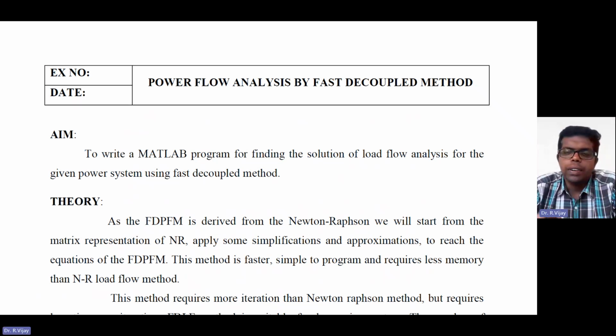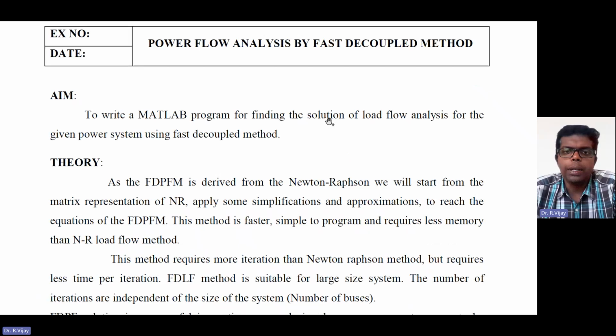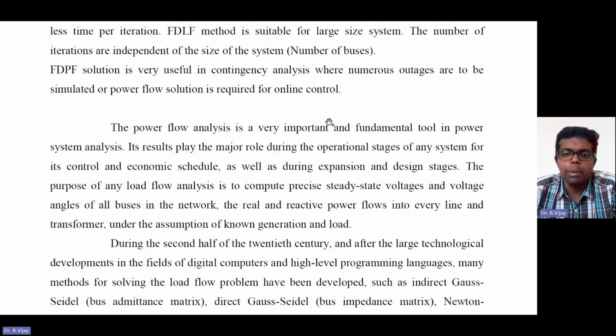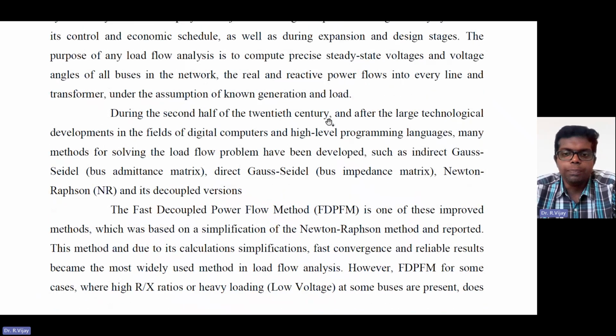The difference between the Gauss-Seidel method, Newton-Raphson method, and fast decoupled method we'll see in the last class, so that you can understand easily after the algorithm of each method, and then you can compare all these algorithms easily. Coming to the algorithm of the fast decoupled method, it is very similar.